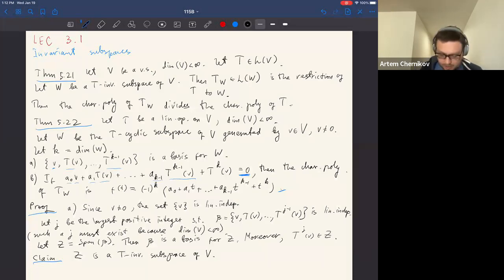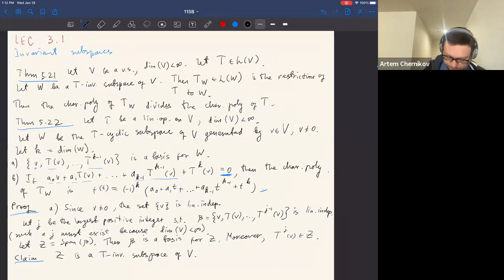So let's show this. Let me move to a new page. Let me repeat that claim: Z is a T-invariant subspace.